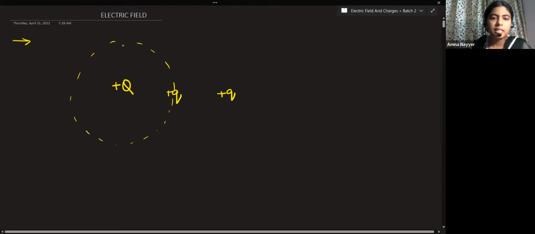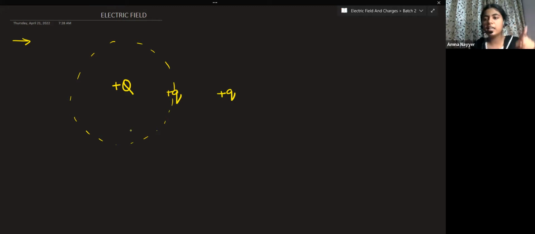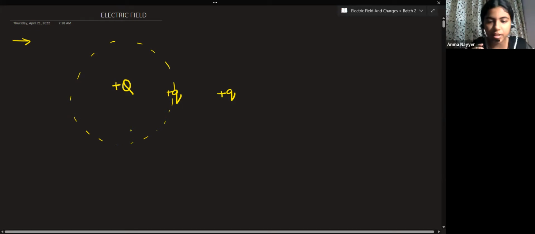Now see, this space around this solitary charge, this plus Q charge, in which all the electrical properties can be felt, this confined space is known as electric field. So electric field is basically the space around a charge.